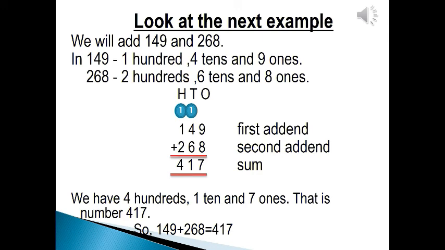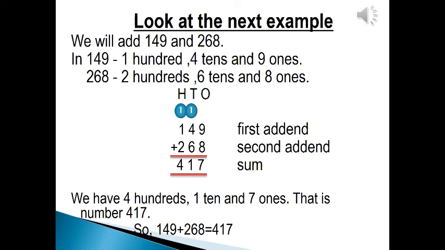Now add tens column. 1 plus 4 is equal to 5 and 5 plus 6 is equal to 11 and 11 tens is equal to 100 and 1 ten. So 1 ten will be in tens column and 100 will be carried forward in hundred column.